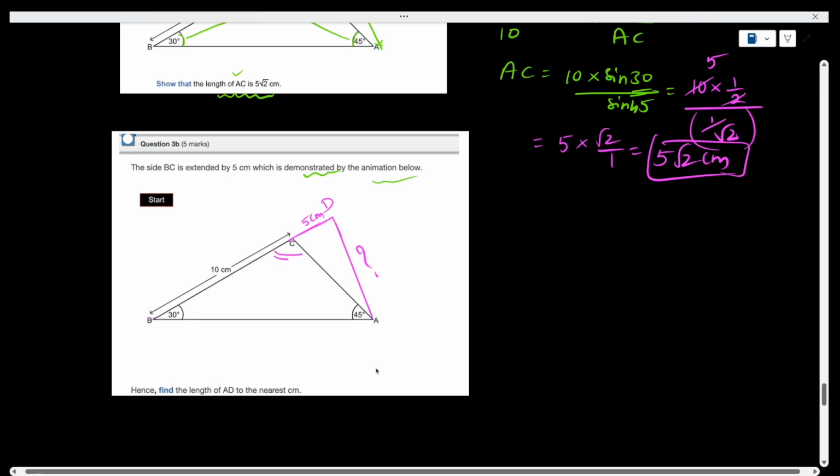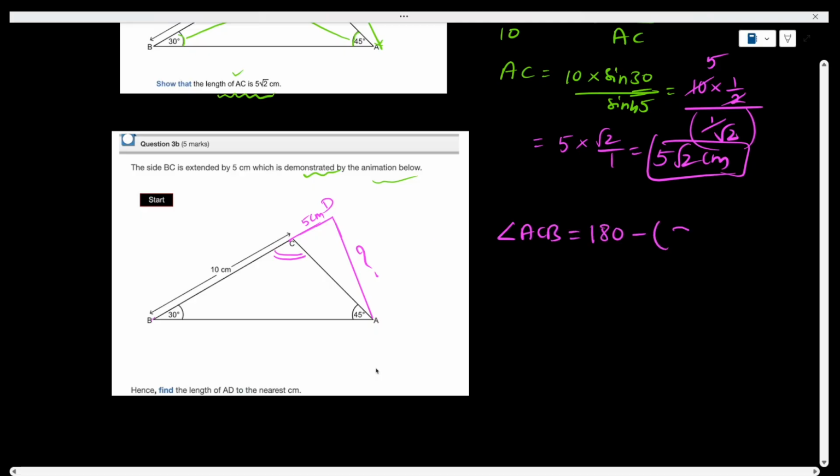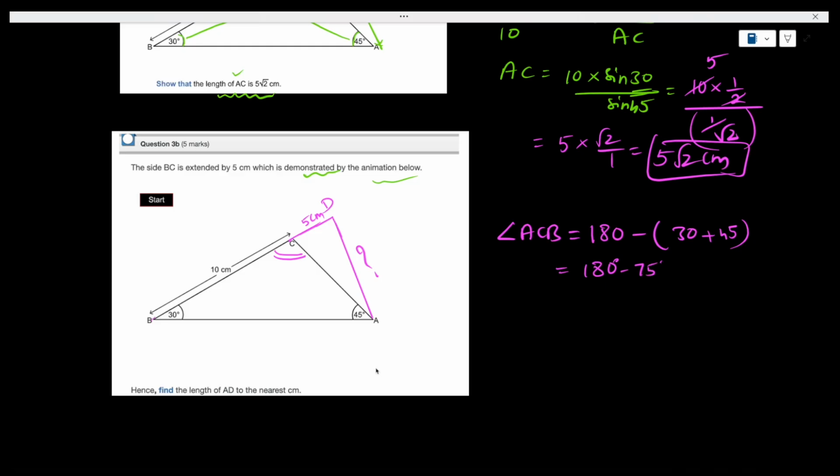First you find out the unknown value, which is angle ACB. What is angle ACB going to be? You can use the angle sum property of a triangle: 180 minus 30 plus 45 degrees, which is 180 minus 75 degrees, which is 105 degrees.